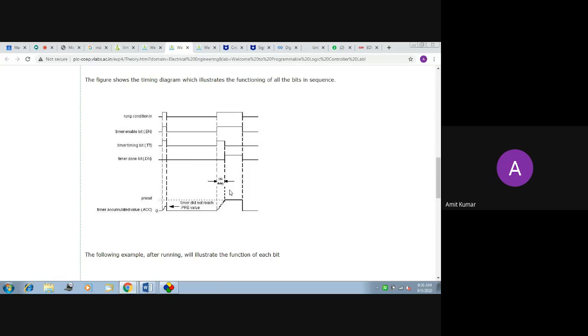It will come up to 8. So this is the difference of the retentive timer.